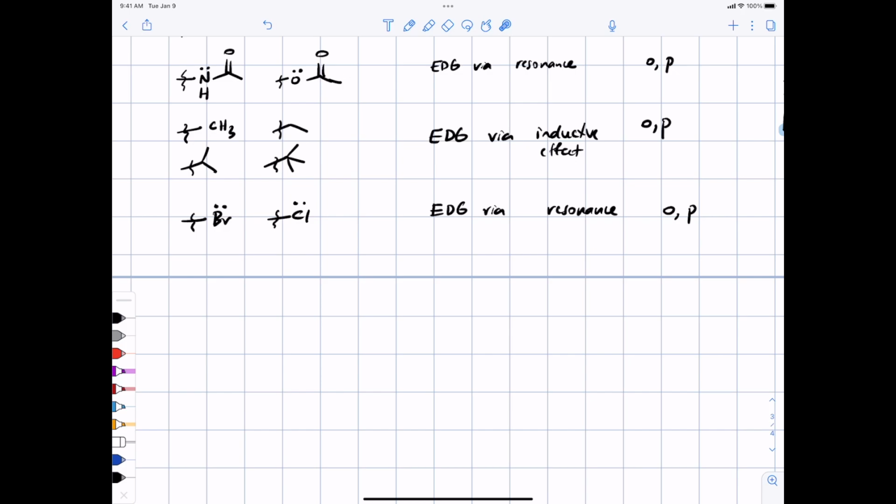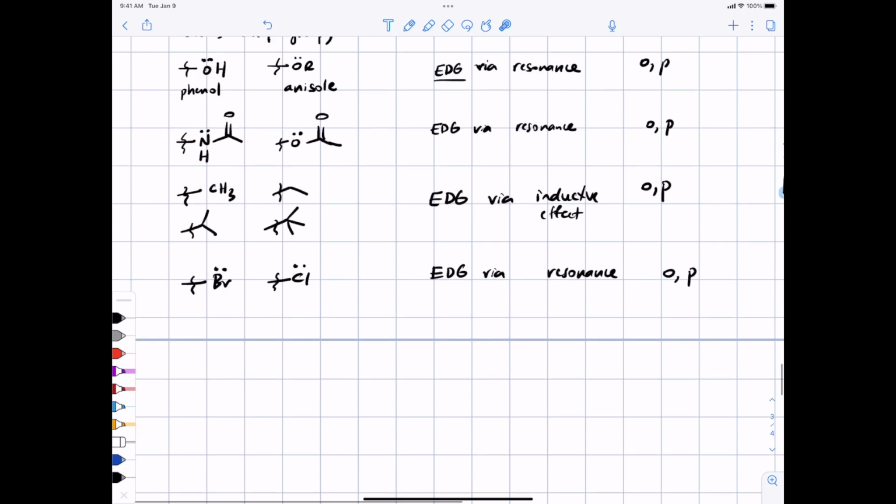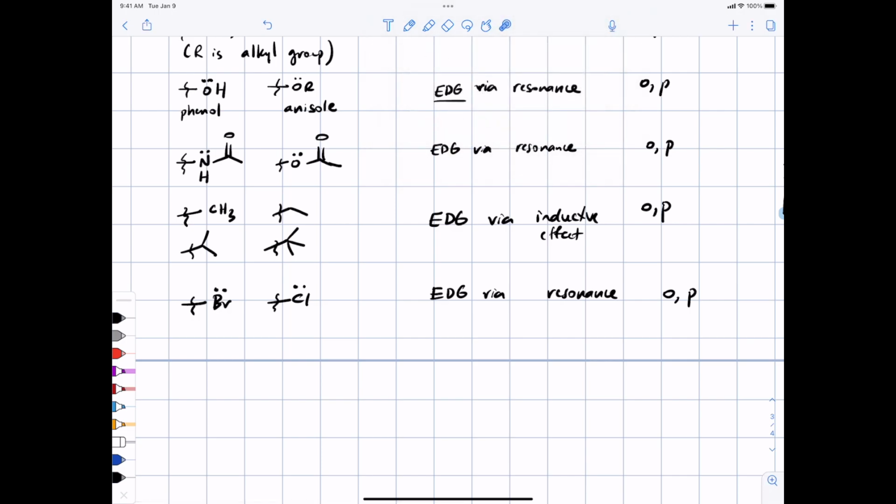The resonance donating effect is more favorable when the heteroatom can get closer to the benzene ring, and also, if you look, bromine and chlorine are from different rows of the periodic table, as is carbon.